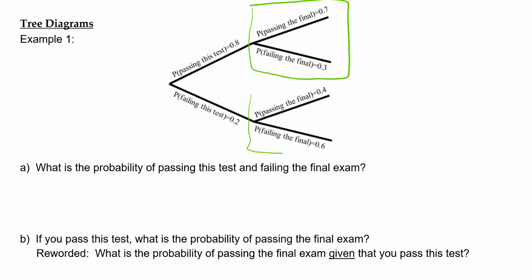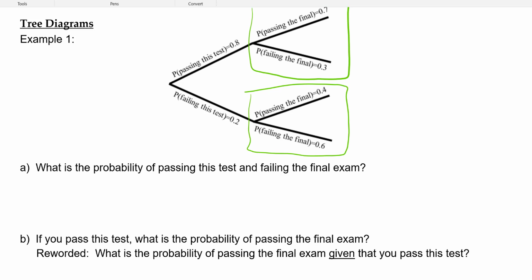It's different than if you actually fail the test first. Okay, you can see the probabilities are different. Now, if you fail the test, the probability of passing the final is 0.4, and the probability of failing the final is 0.6, which kind of makes sense if you think about it, right? If you pass the test, you have a better chance of passing the final. If you fail the test, you probably have a worse chance of passing the final. You're probably going to fail the final. Okay?